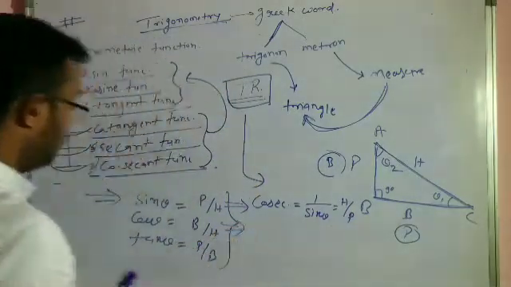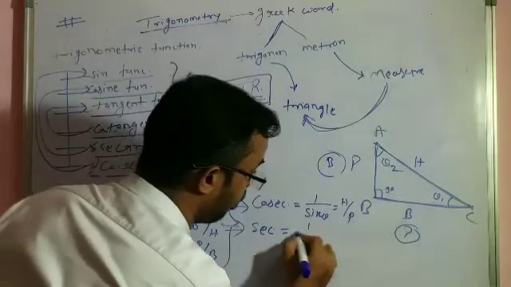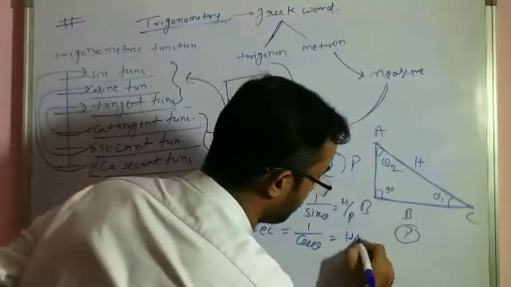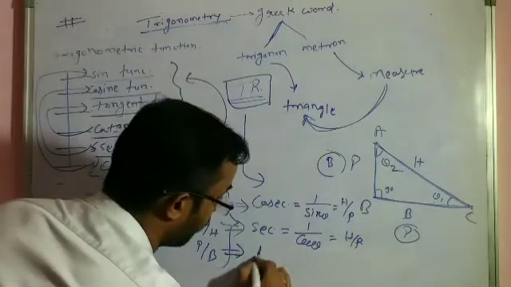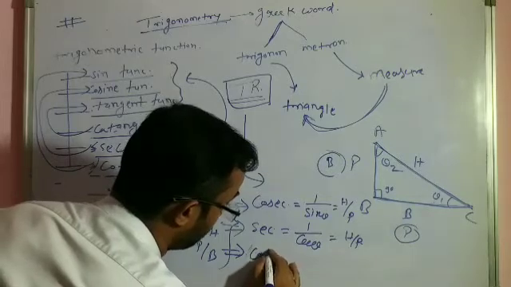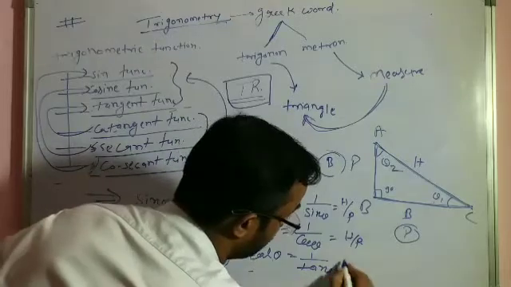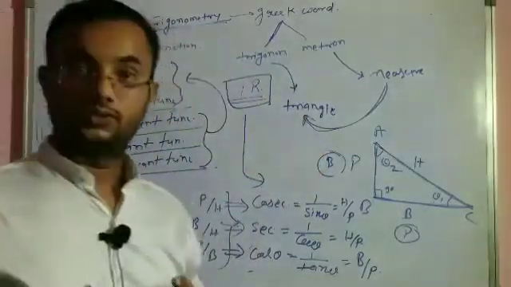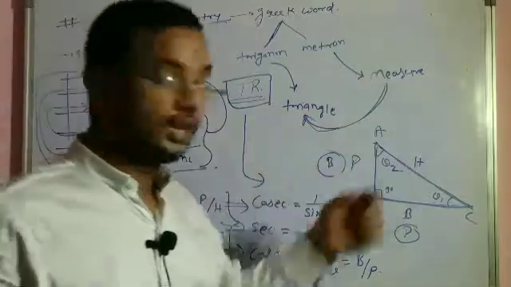Now, we know that secant, that is sec, is the reciprocal of cos theta, that means hypotenuse divided by base. Now, tan theta is the reciprocal of cot theta, that means cot theta is the reciprocal of tan theta, that is equal to base divided by perpendicular. So these are the relationships between the trigonometric functions and the sides and angles of the triangle.